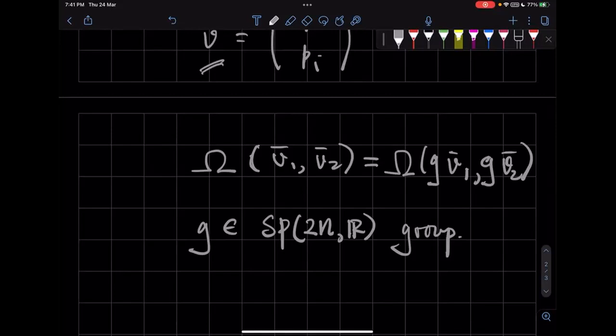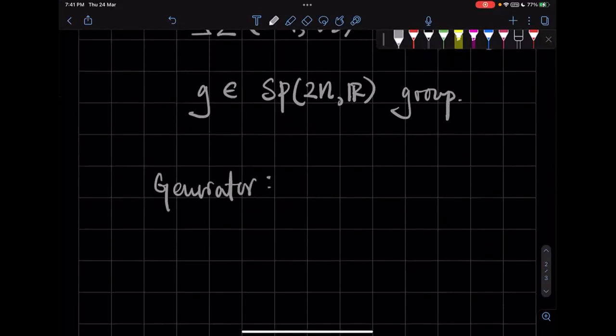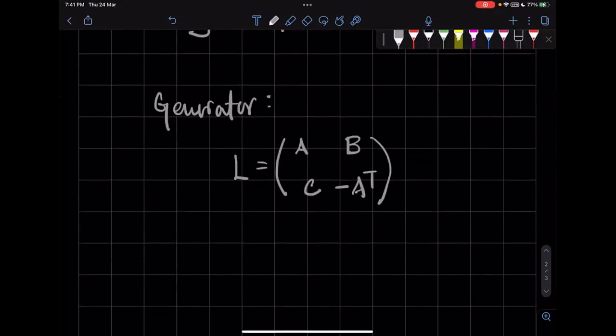And then I just said that for the general case, the generator of Sp(2n, R) has to be of this form, where these are n by n block matrices, and B is symmetric and C is symmetric.